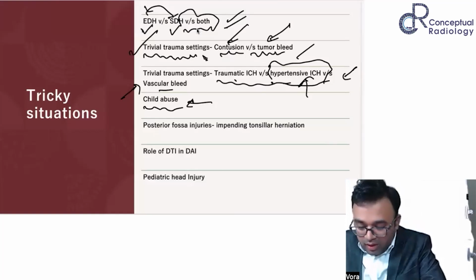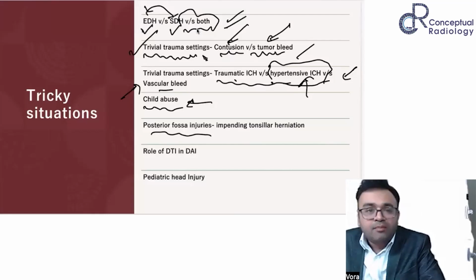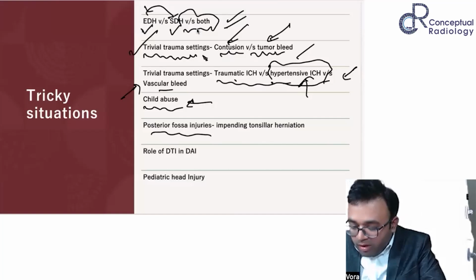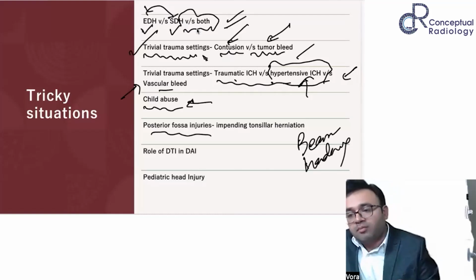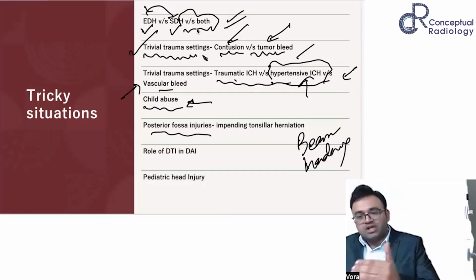Now, posterior fossa injury sometimes can be very, very tricky for radiologists. The problem is because of what is called the beam hardening effect, which Zainab will discuss differently, because you have a posterior fossa, you have the petrous bone, you have the clivus, and all of a sudden you have the brain.